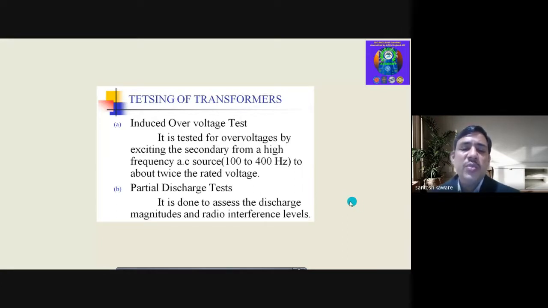To assess the discharge magnitude, how much quantity it can take, partial discharge tests are taken accordingly.